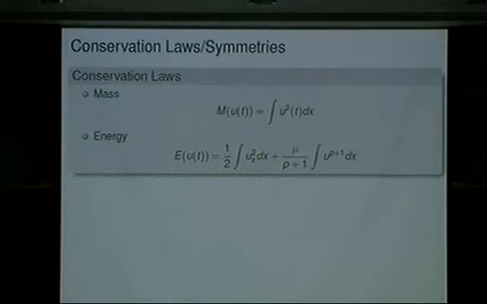The generalized KdV equation enjoys two conservation laws. The mass, the L2 norm, is conserved, and the energy is conserved. Those are the most common conservation laws for canonical dispersive equations.